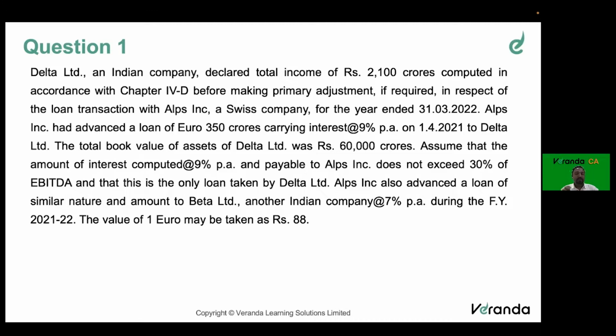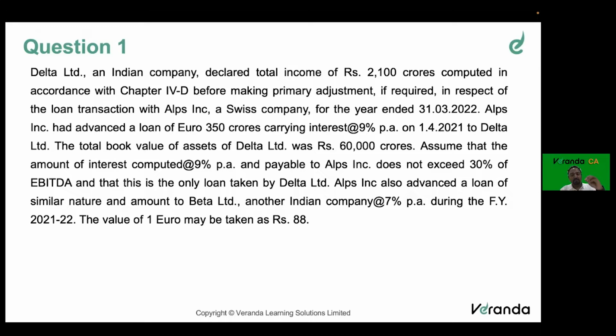For this adjustment, there is a concept of secondary adjustment specified in section 92CE. It provides for the situation where there is a primary adjustment, either suo motu or by the Transfer Pricing Officer.